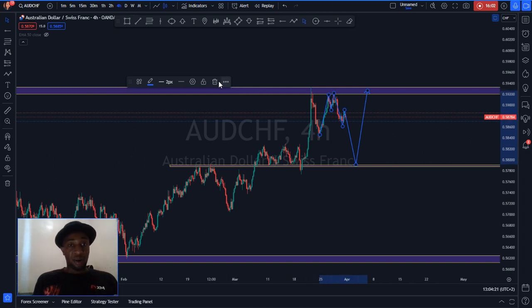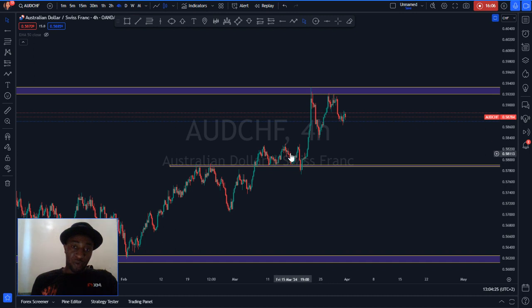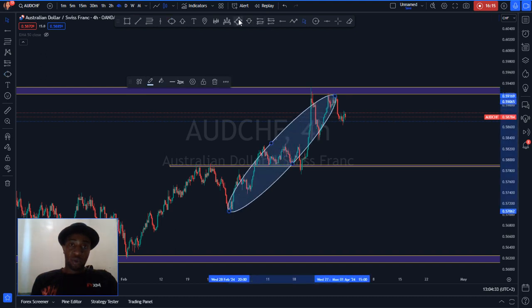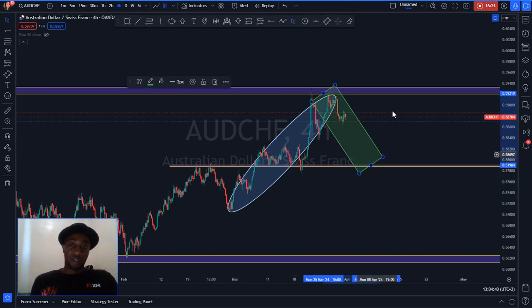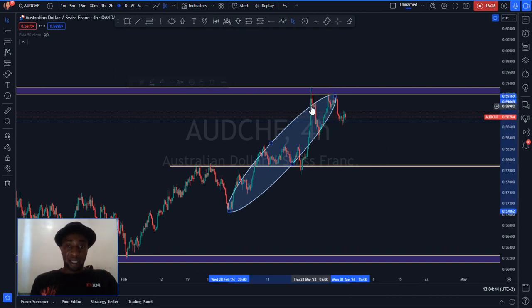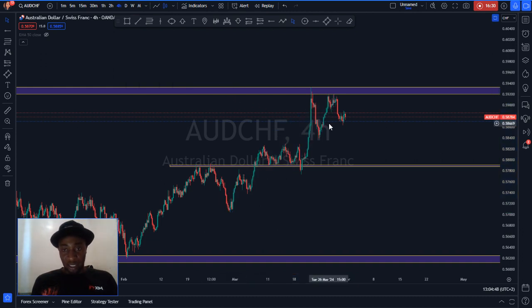But at the moment we are in an uptrend structure, we just want to make use of this correction phase. This is an impulsive phase, so we just want to make trades in this correction phase before the market gives us another impulsive phase. So we can't be saying the sell from that point is going to go all the way towards the downside.